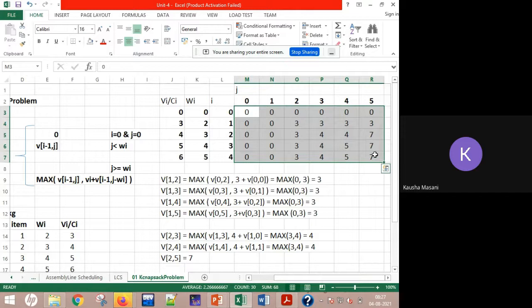Show me your calculations. Oh wow, your handwriting is superb. Where did you do 4 comma 4? This is the problem when you do direct things. Why are you not writing the formulas?